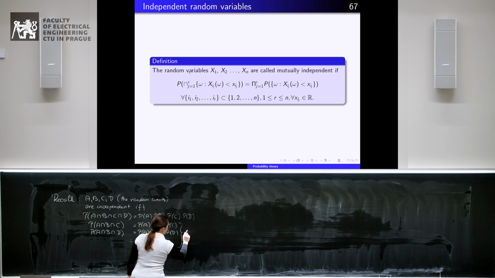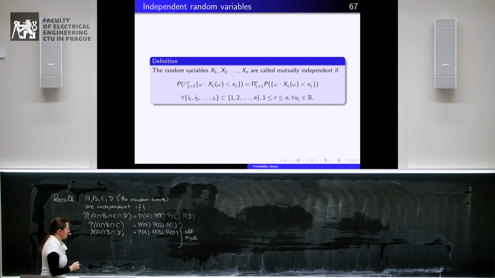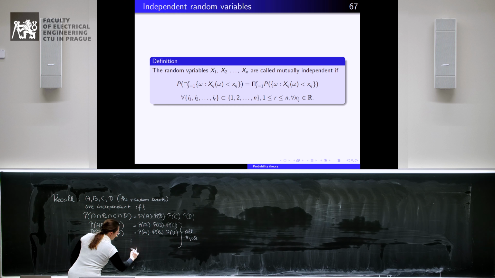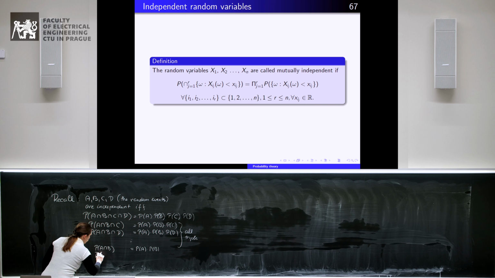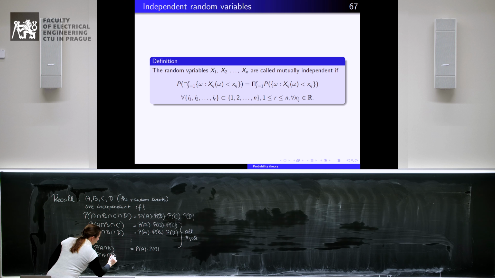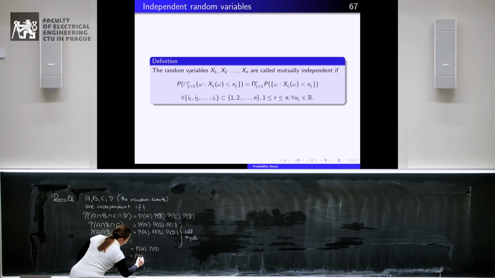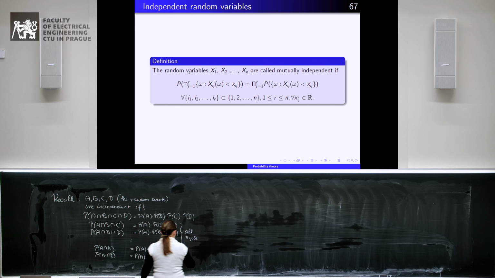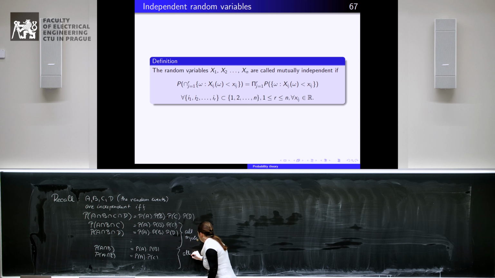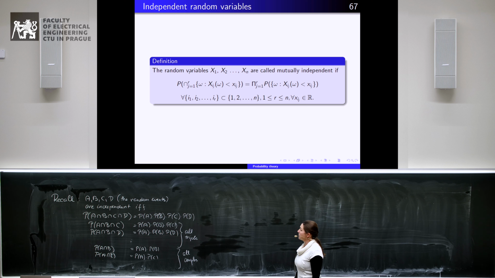And so for all triples, it must be satisfied as well, and also for all couples, it must be satisfied that the probability of the intersection of the events is equal to the product of their probabilities.